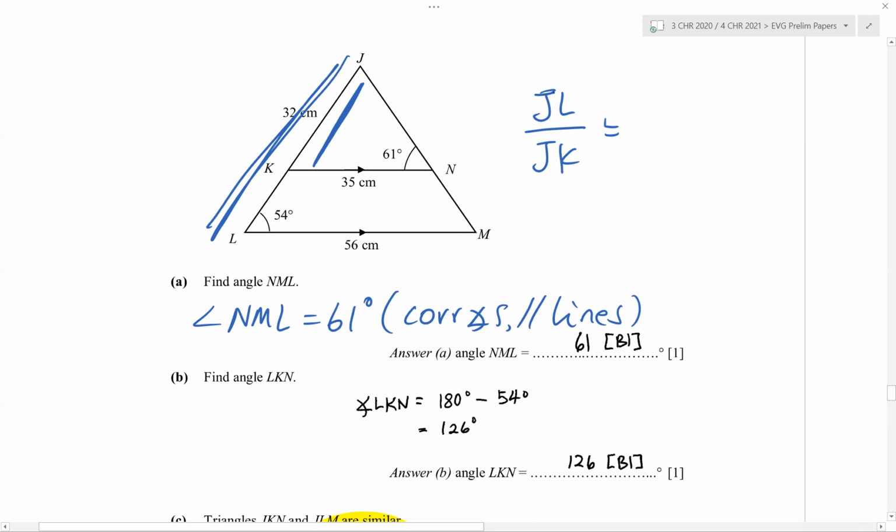So I want another length of the big triangle over the length of a small triangle. What do we have? 56 over 35. Do you agree? So then what is the value of JK? 32. So that's where we have JL over 32 is 56 over 35. Okay?